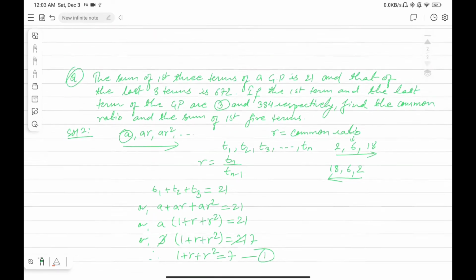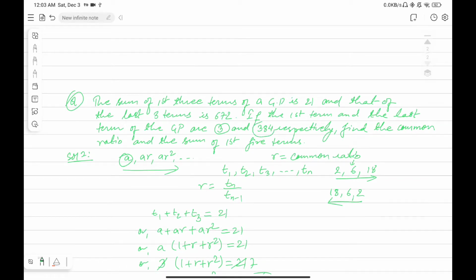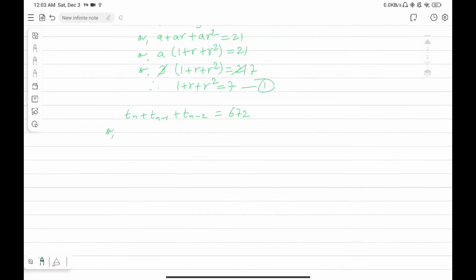The last term is 384, the preceding term will be 384 divided by r, and the one before that, Tn minus 2, is 384 by r square. So this is 672.